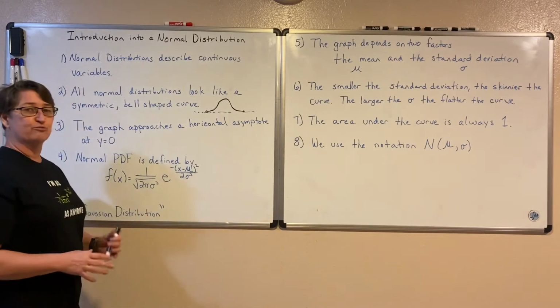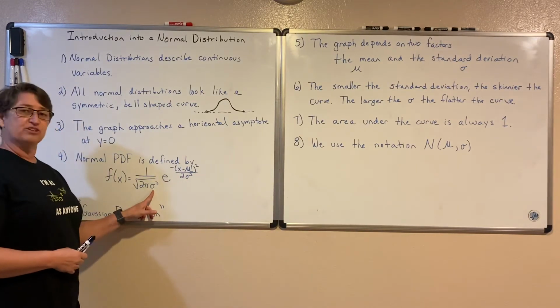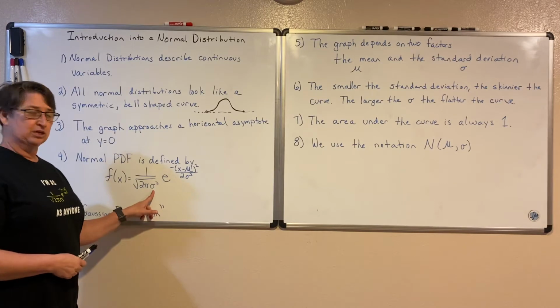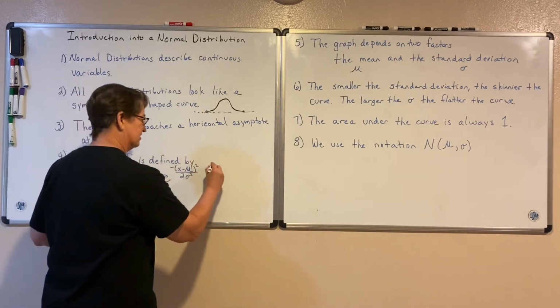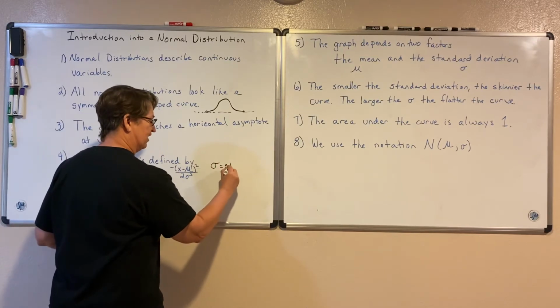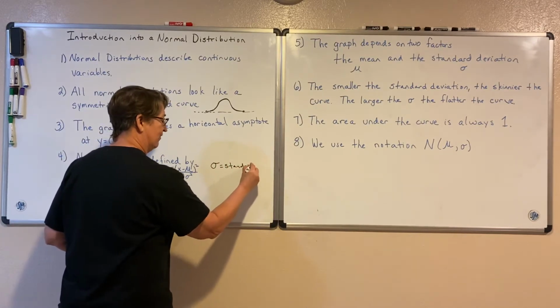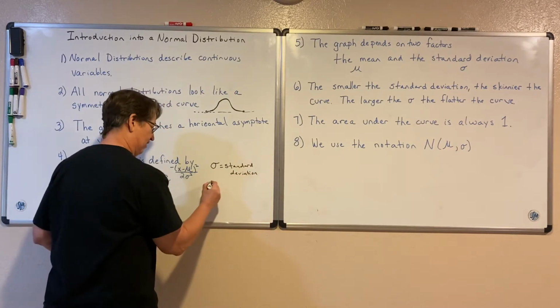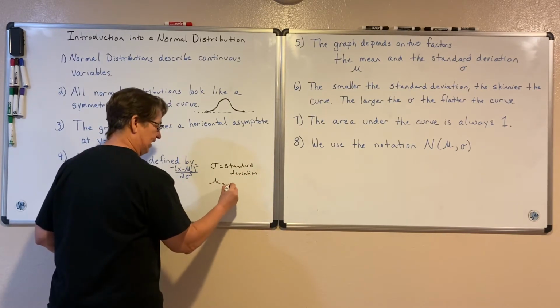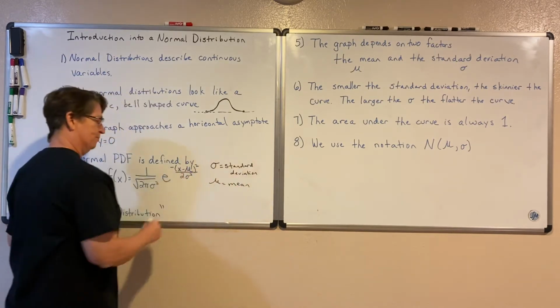But there are a few variables in here. First of all, the standard deviation and the mean. Remember that this symbol means the standard deviation, and that changes from set of data to set of data. And then the mean of the data is that mu.